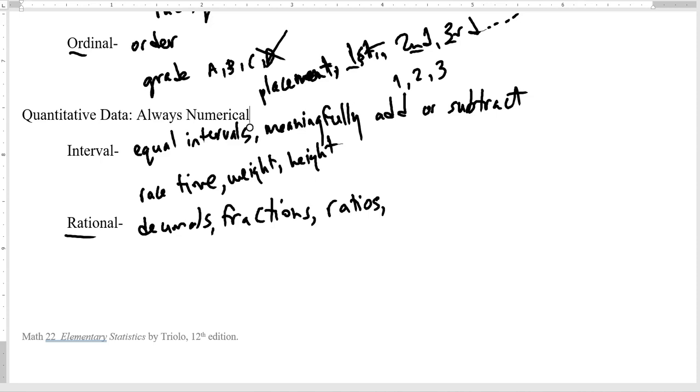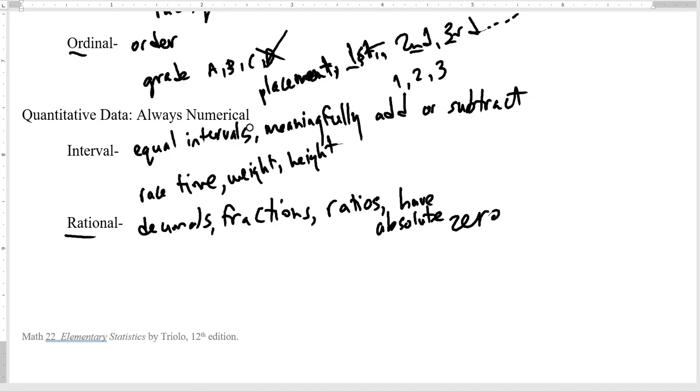Okay, one of the key features here is that we have an absolute zero. There we go. Weird. Okay, so decimals, fractions, we have an absolute zero.